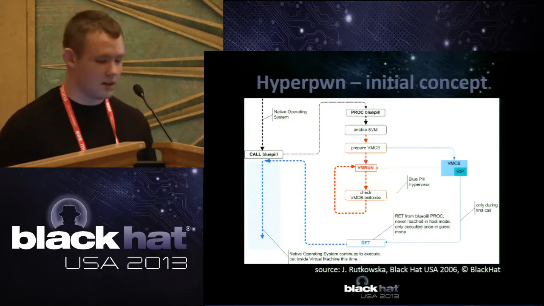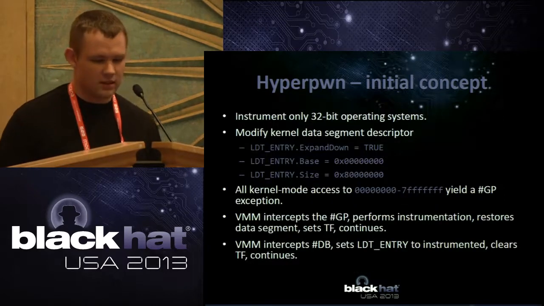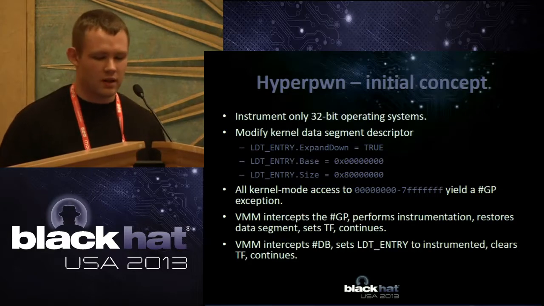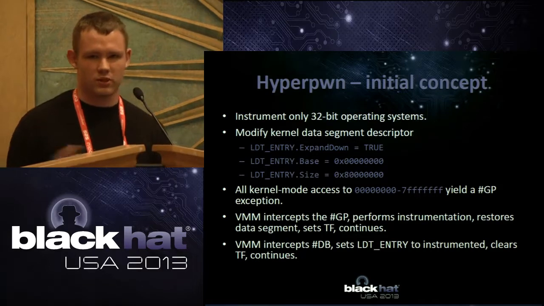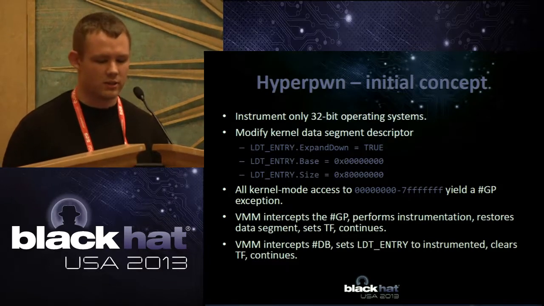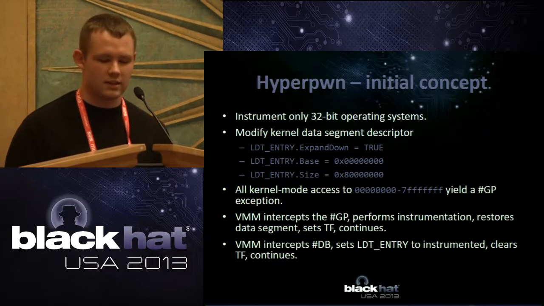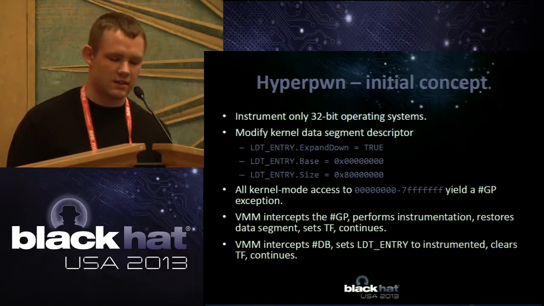As you can see here, this is the detailed design of that, about how we would intercept the memory reads. The basic idea would be to instrument 32-bit operating systems, which are the same code base as 64-bit, and do some GDT magic to replace the data segment for the kernel, to have it expand down with base 0 and size 8000.